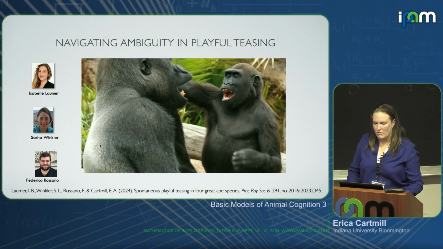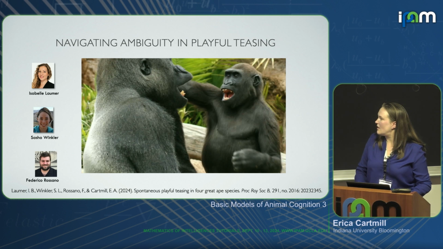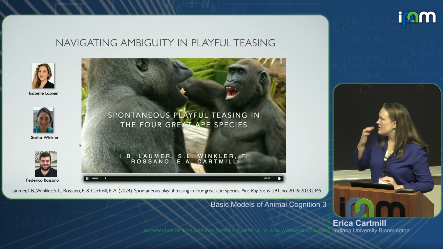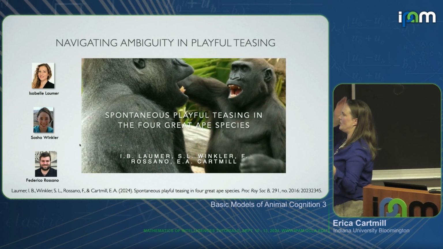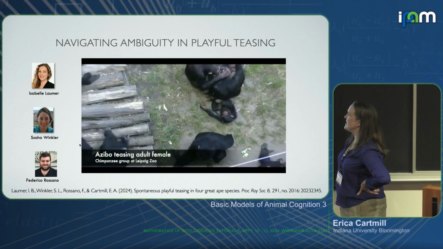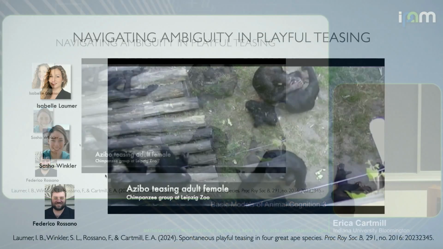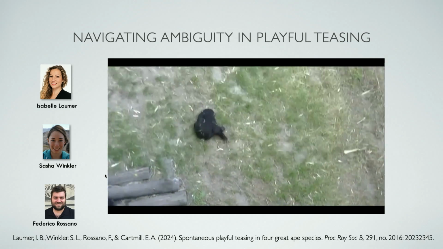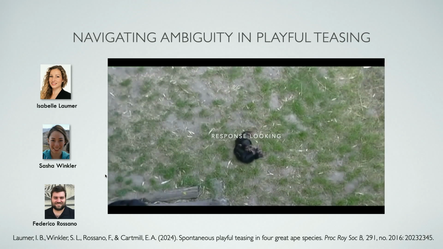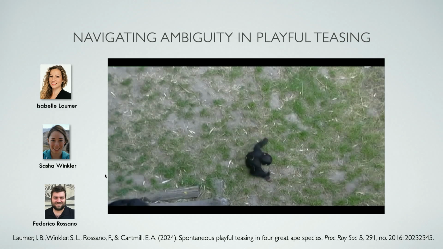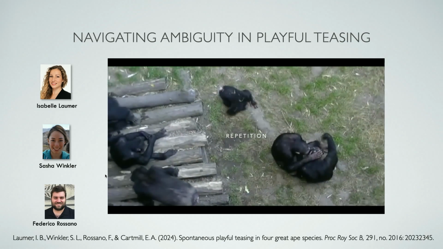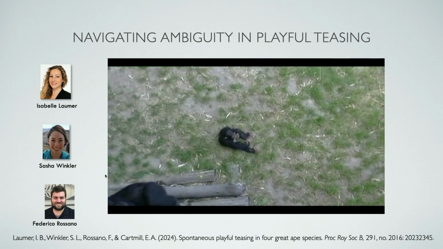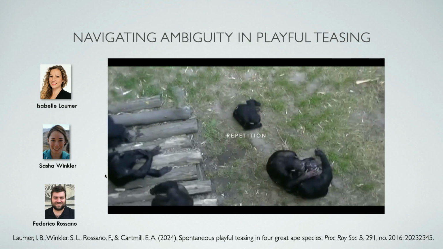So I just want to show you, in the last minute, a couple of examples of apes teasing each other that I hope will give you some interesting ideas. Hopefully they will look pretty familiar. This is a juvenile chimpanzee here, and importantly, he's repeating his behavior and looking over to see how she responds.